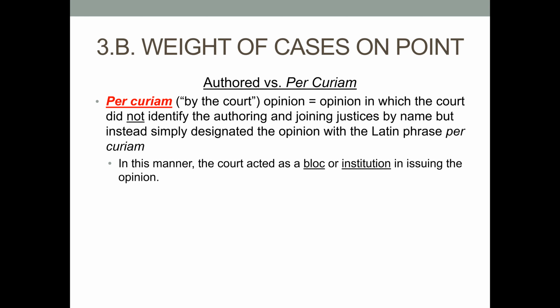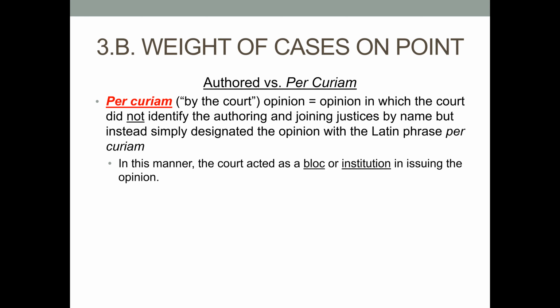Now, what this designation does is signify that here the court was issuing the opinion simply as an institution where the individual justices who authored or joined in it are not named.